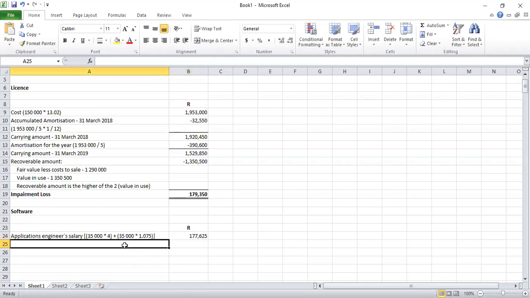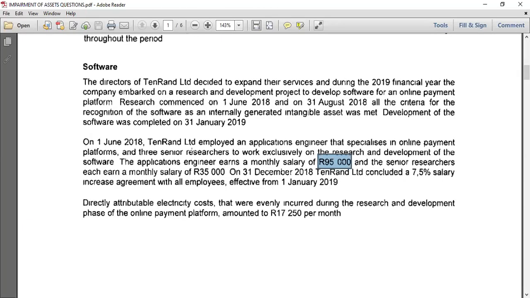Right. Then we have got three senior researchers. These ones were earning each 35,000. All right, so we can have researcher salaries.